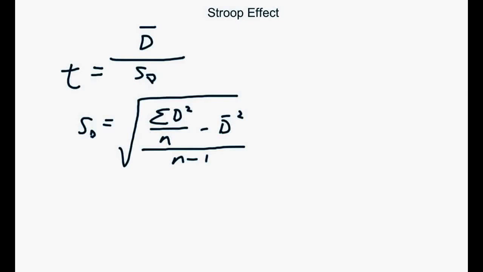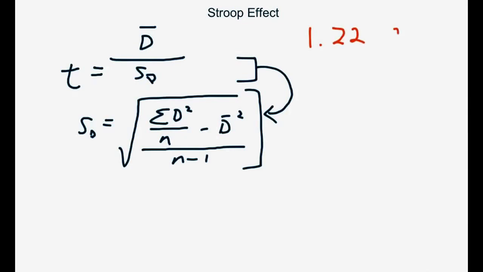Okay, so this symbol, S subscript D, is the actual formula for it. If you go to the next slide on the lecture notes, I show you what D and D squared are. For example, subject 1 had a word score of 22 and a color score of 27.